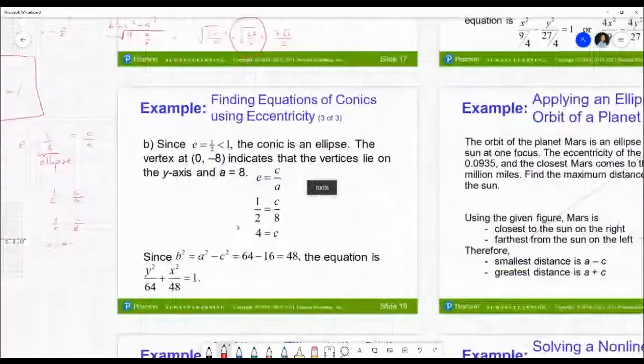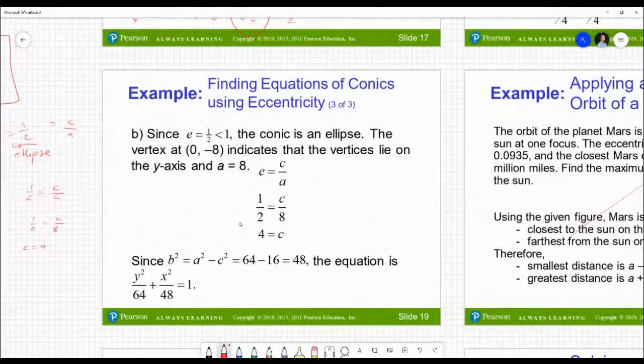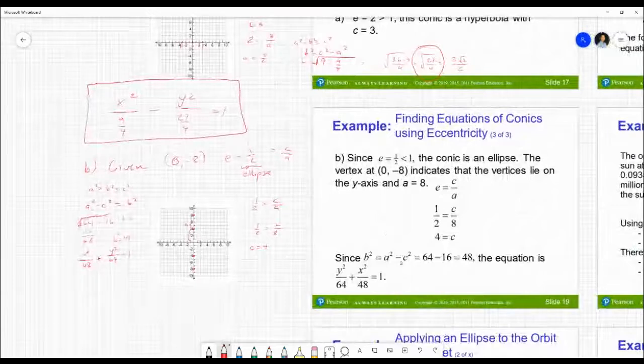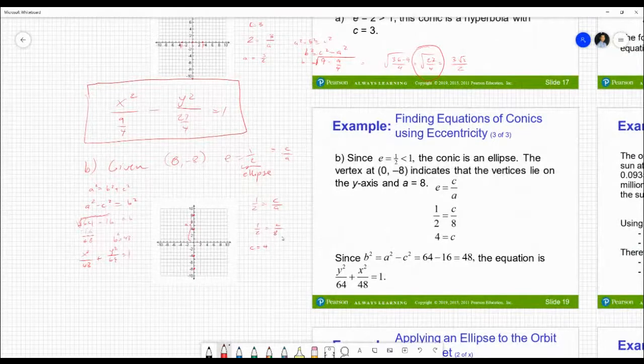Yeah, this one. Why is A equal to 8, why is it not negative A? Okay, so you're asking why A is equal to 8? Yeah, why is it not negative A? Okay, great question.